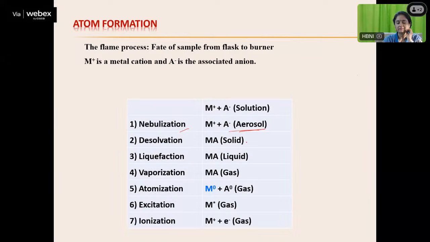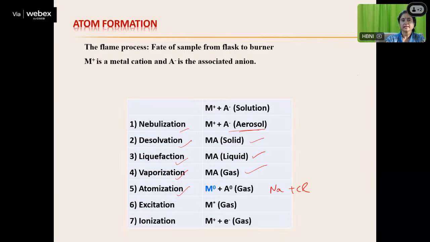So what will happen in the flame? Because of the temperature, desolvation will happen. Say it is sodium chloride, then NaCl solid will form, then it will melt. NaCl liquid will vaporize to NaCl gas, then it will atomize to Na and Cl. It is not Na plus and Cl minus as it was present in your solution, but now it will be Na and Cl.